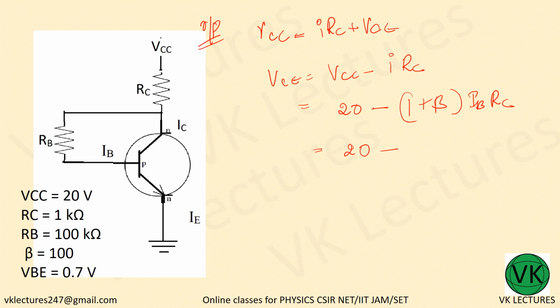This we can approximate to IC, right? IC, that is 9.65 milliampere. So 101K into RC value is 1. So beta value is 100. So 101K into IB.